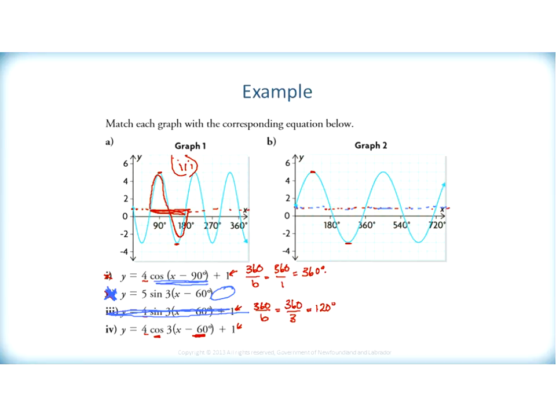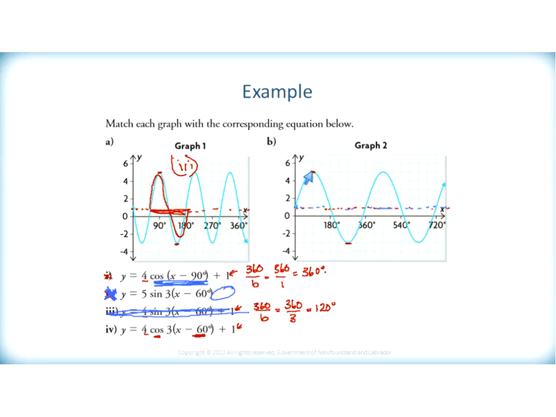The start value must be at 90, and it must be a maximum because it's cos. So at 90 degrees, we do have a maximum. That's great. Now the period according to this equation is 360 degrees.